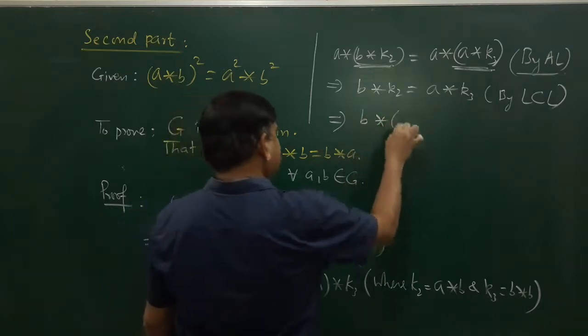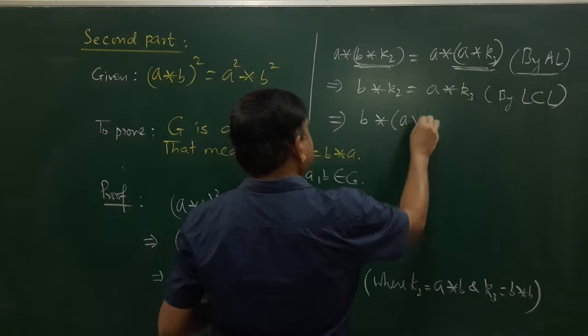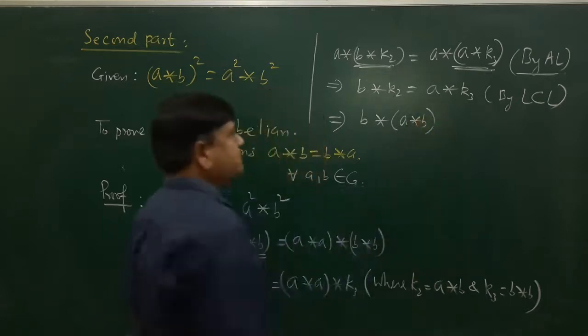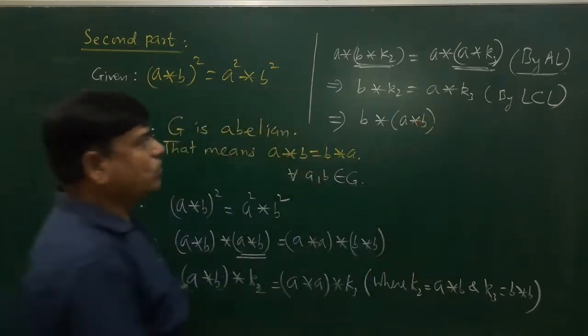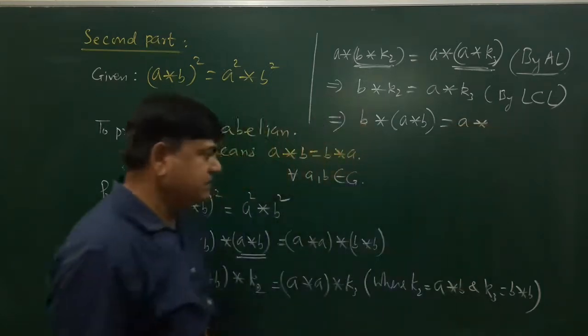b asterisk K2. What is K2? K2 is a asterisk k. Equals K3.